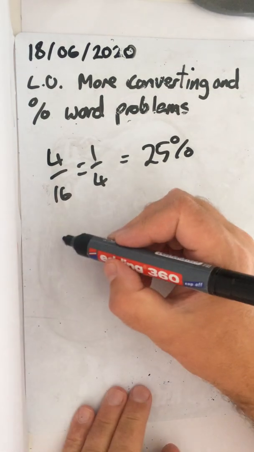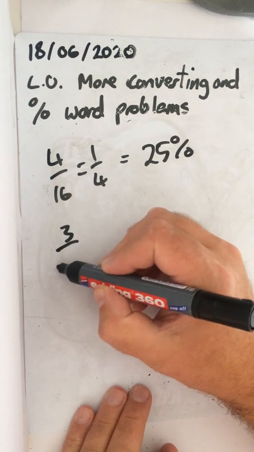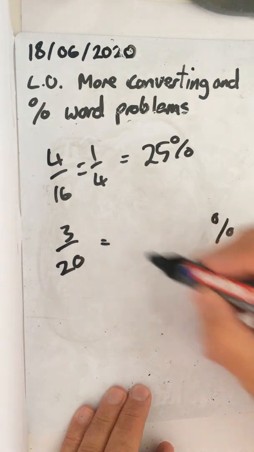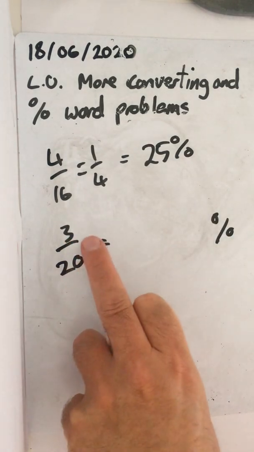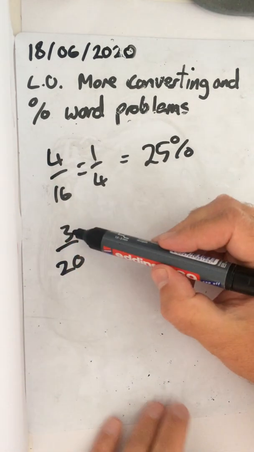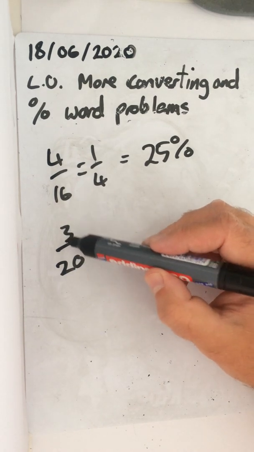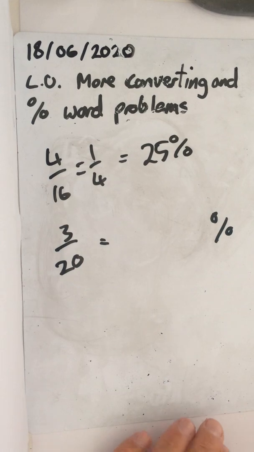Then I might get a question which is something like 3/20, and again I have to convert that into a percentage. Now I can't simplify this any further. Nothing goes into both 3 and 20 apart from 1.